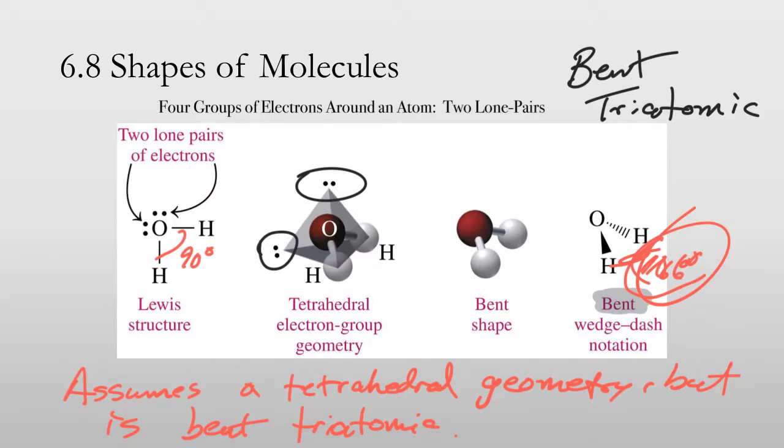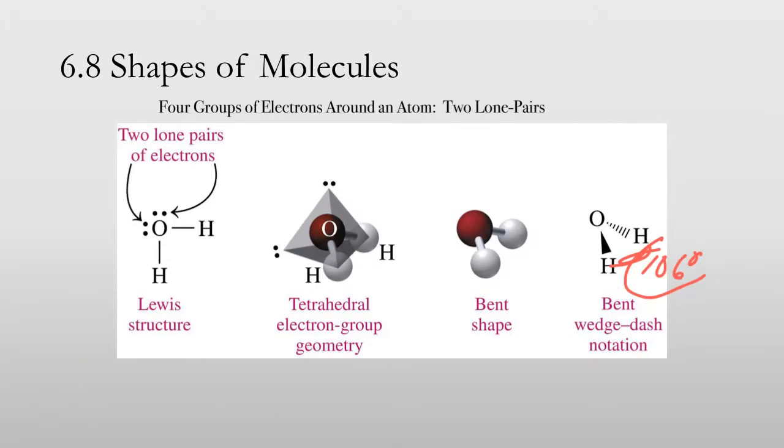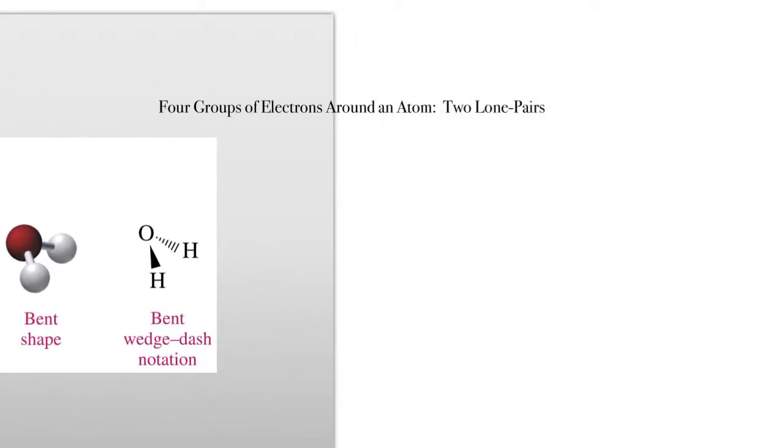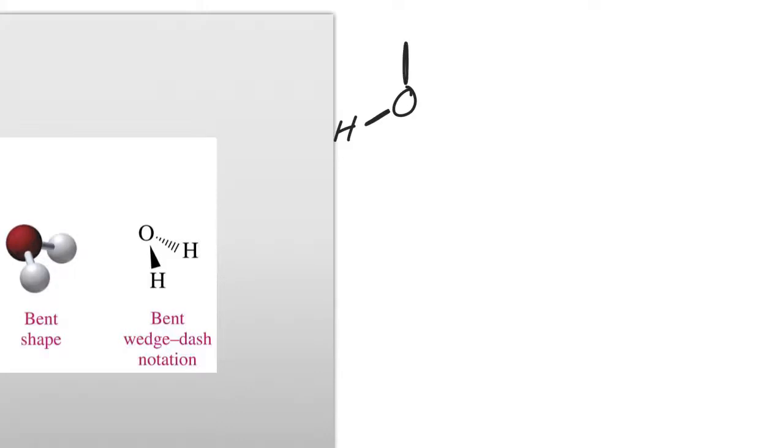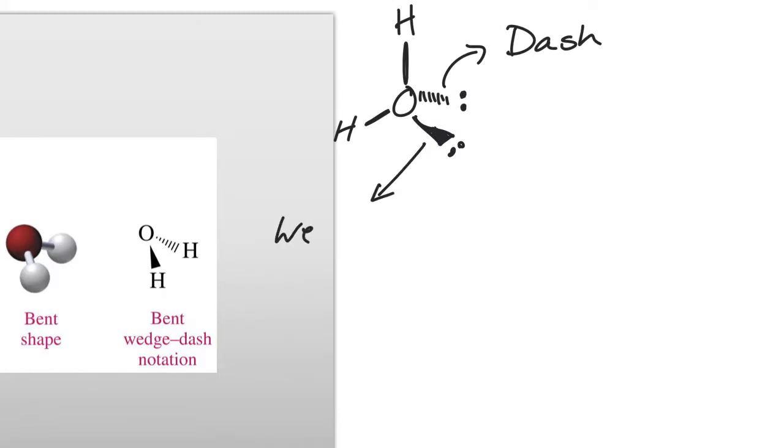So if I was to delete all this, let's move this to the side here. If I draw water, we have oxygen, we have a hydrogen here, hydrogen there. We've got a lone pair here, and a lone pair right there. This is called a dash, and this is called a wedge.